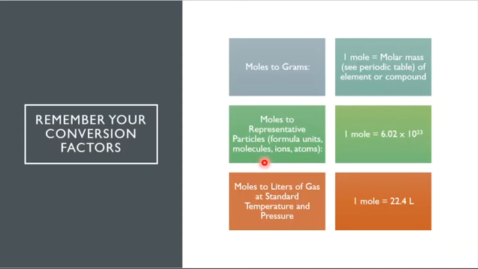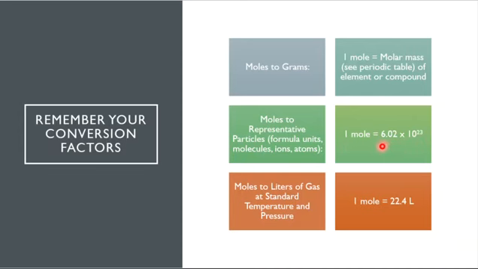If you are asked to determine the particles, so representative particles, including formula units, molecules, ions, or atoms, you will always use Avogadro's number. So whether you're converting your given value to moles, or whether you're converting from moles to a representative particle, you will use Avogadro's number as 6.02 times 10 to the 23rd.